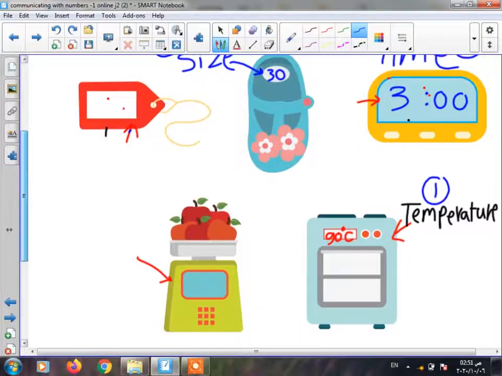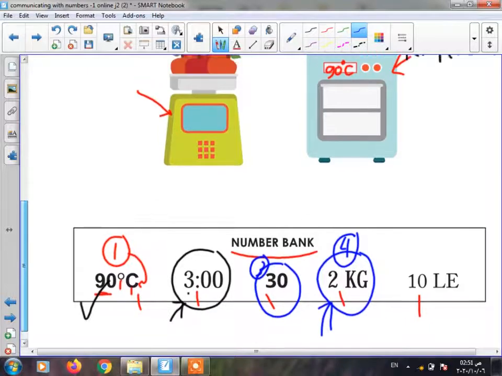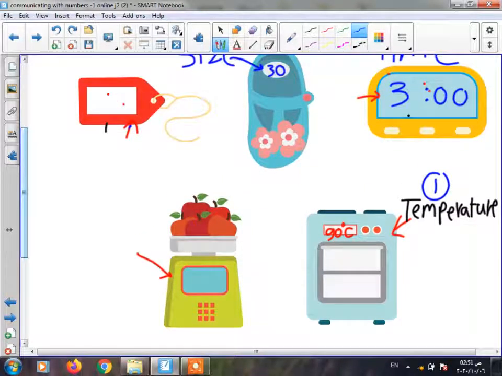Then 2 kilogram. This number is for what? For time, for price, for temperature? No, it is for weight.